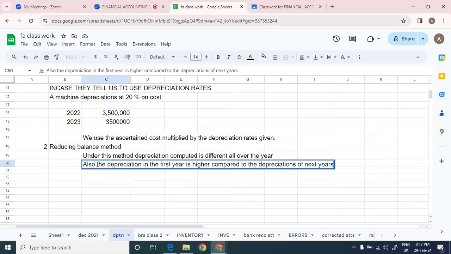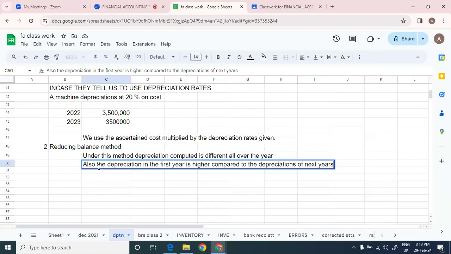Are we together? Yes. Under this method, depreciation computed is different all over the years. You'll find that the first year is 7 million, second year 6.5, third year 5.5, like that.